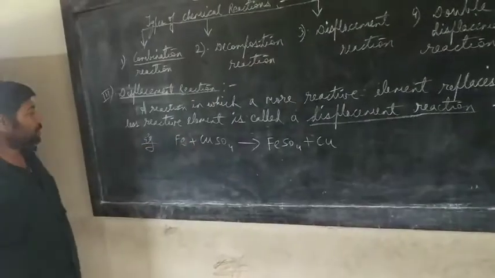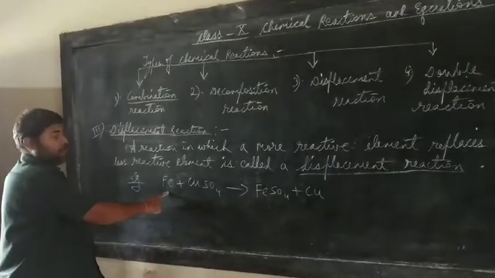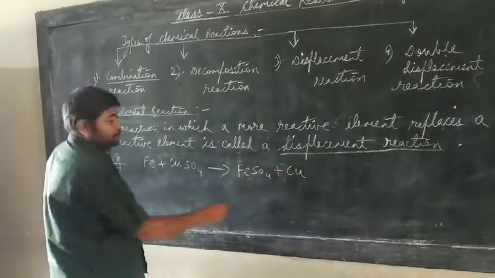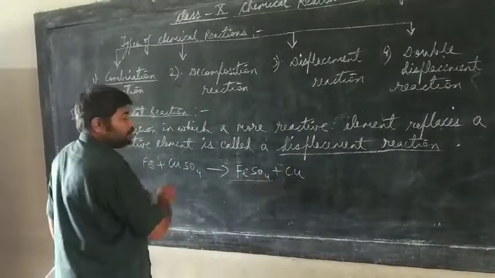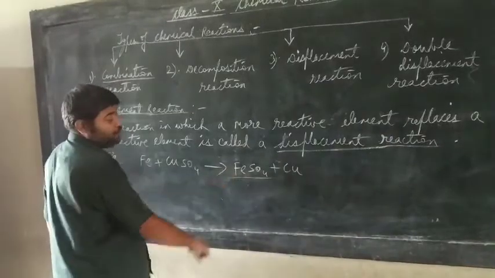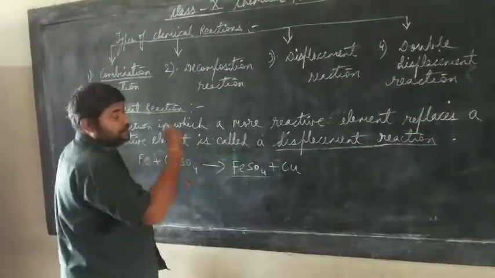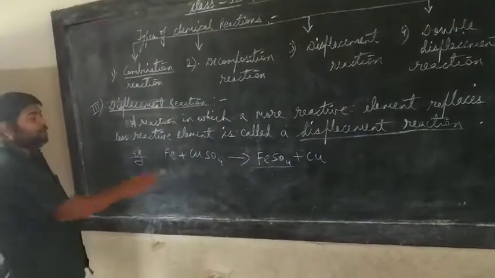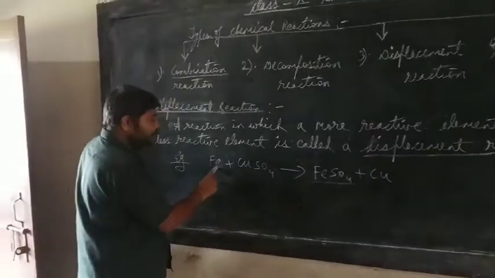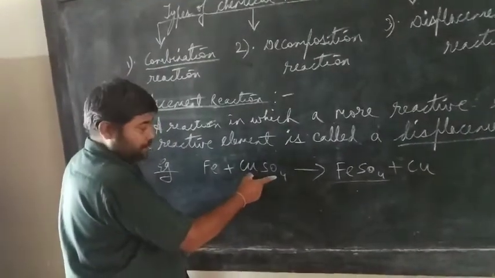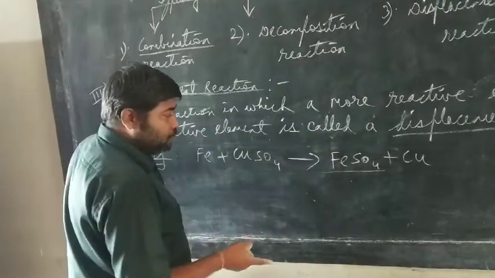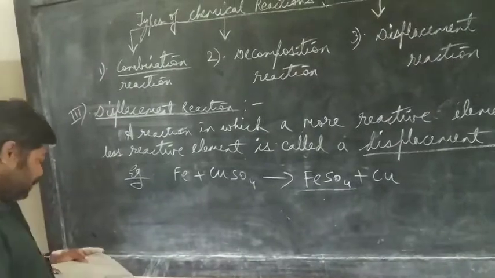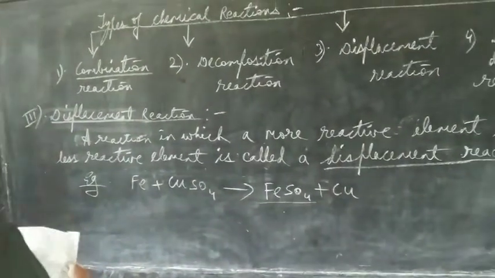Look here, students. When iron is added to the solution of copper sulfate, then you will find a reaction in which FeSO4 is formed and copper is left alone. What does this show? Iron has replaced copper from sulfate. This shows that iron is more reactive than copper. Let us take another example.